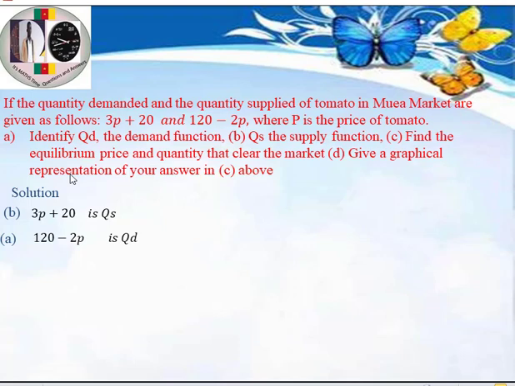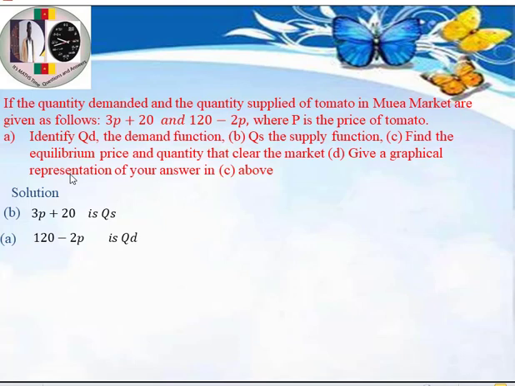The next part says that we should find the equilibrium price and quantity that clear the market. So for us to know the equilibrium price and quantity, we need to know what equilibrium actually is. Equilibrium simply means a situation where the quantity demanded equals the quantity supplied.